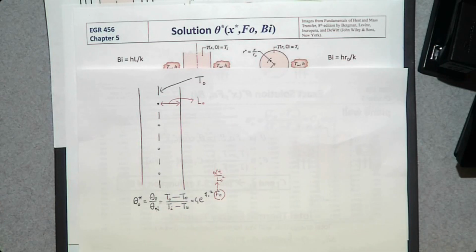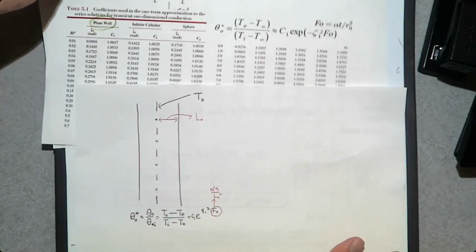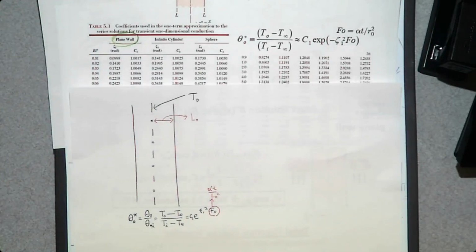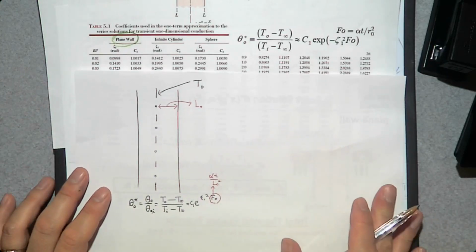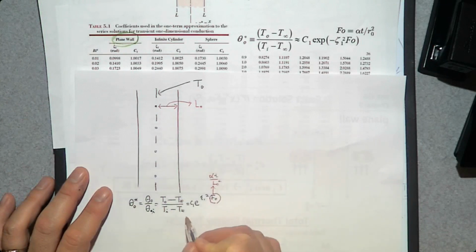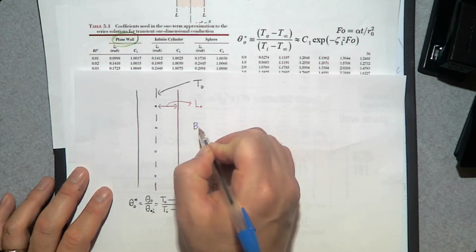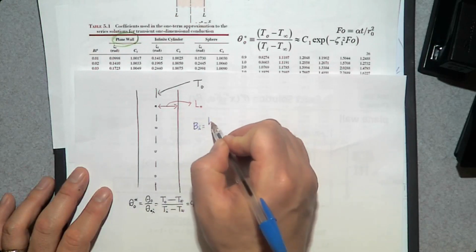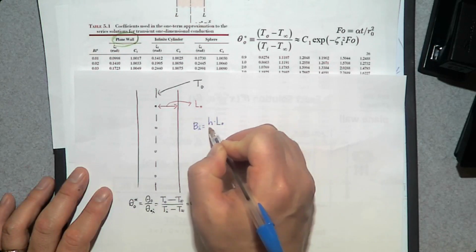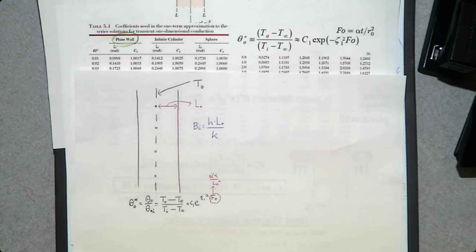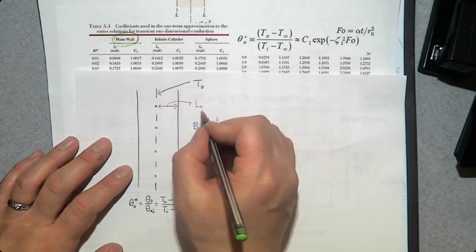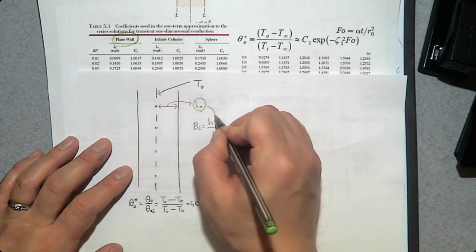When we have a plane wall like that, you can go to table 5.1, and the first column is the Biot number. By the way, in this case, the Biot number can be determined by h times characteristic length L divided by thermal conductivity k. And this L is going to be half of the thickness of this plane wall.